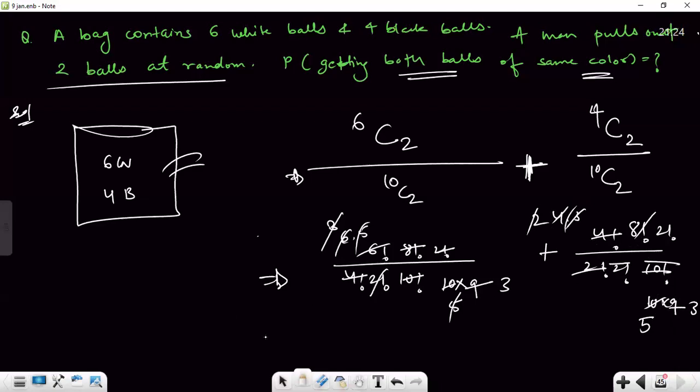Nothing else left. This is basically 1 by 3 plus 2 by 15. Taking 15 LCM, 5 plus 2, 7 by 15 is the answer. Correct answer.